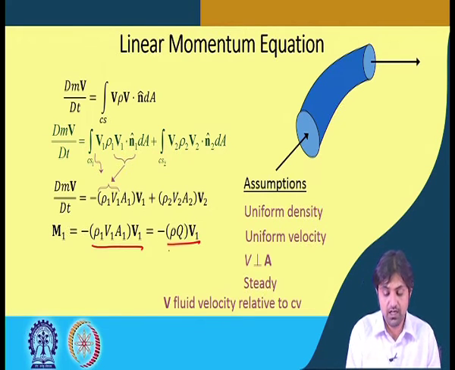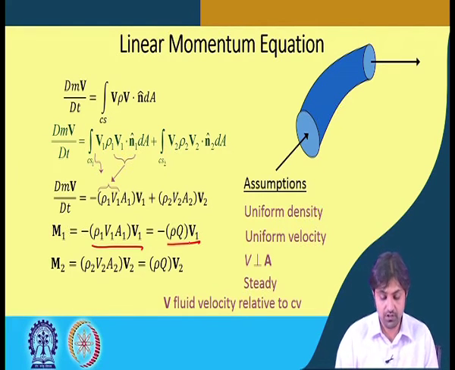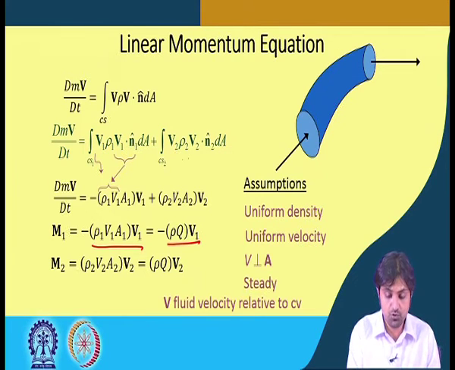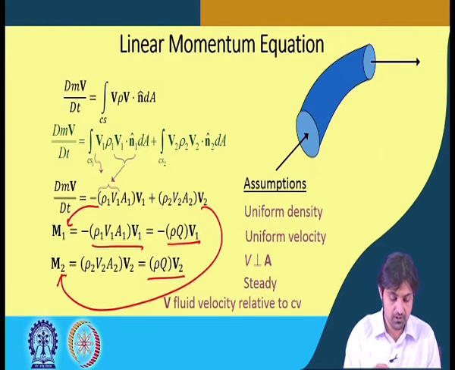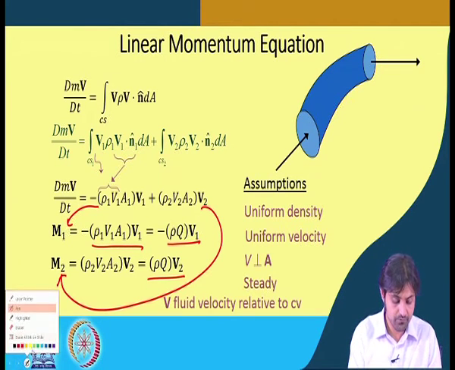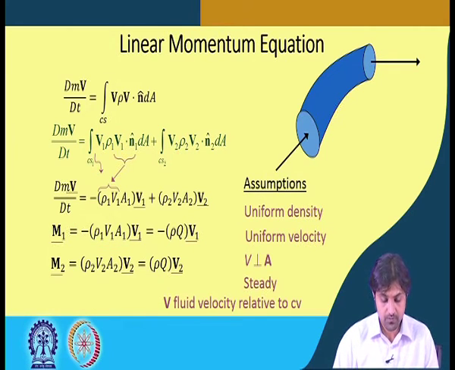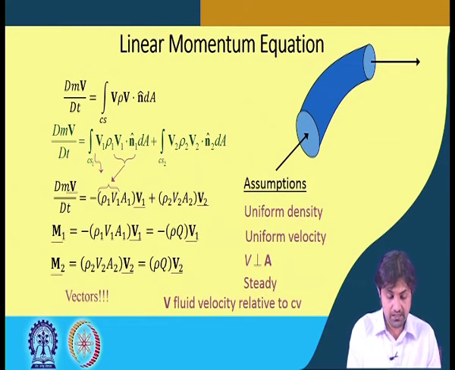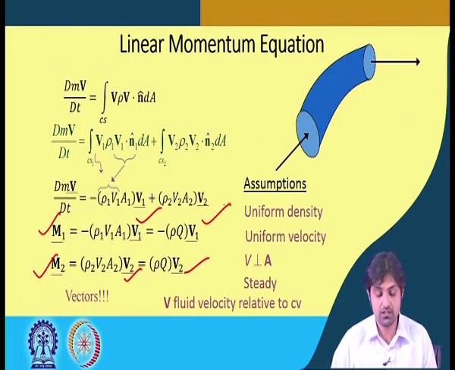Similarly, M2 can be written as rho 2 V2 A2 times V2, or rho Q V2. These M1, M2, V1 and V2 are all vectors.